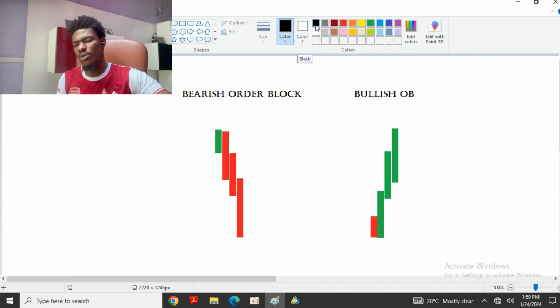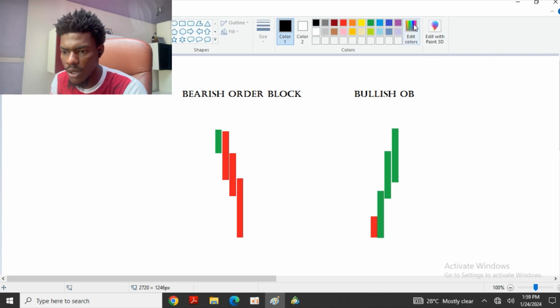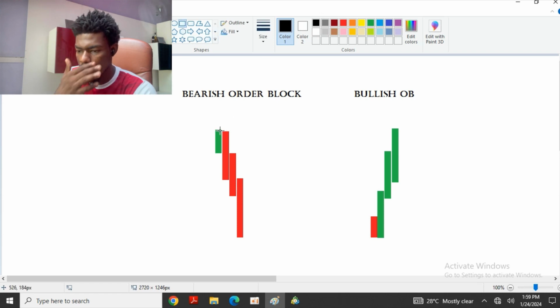That means bullish is for buy and bearish is for sell. So in a bearish order block, you draw your order block from the last bullish candle before a bearish expansion.